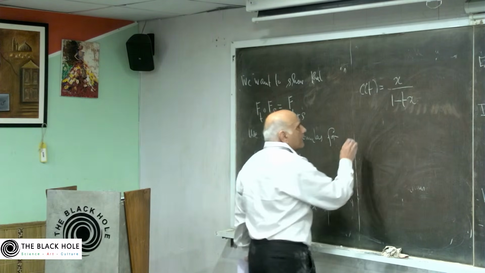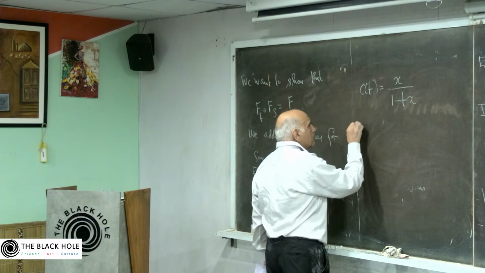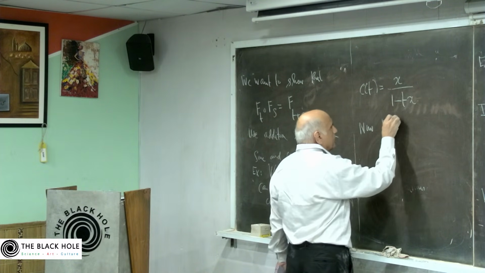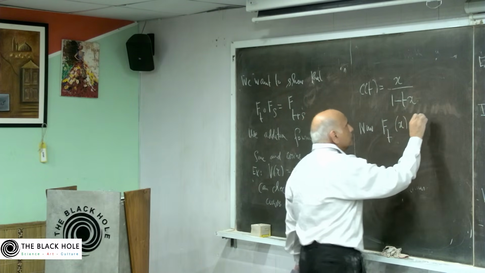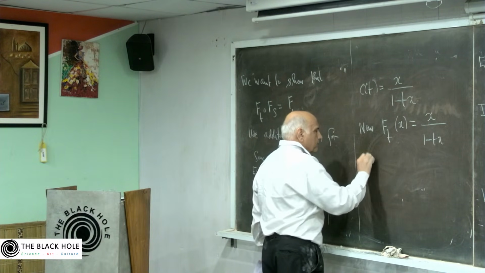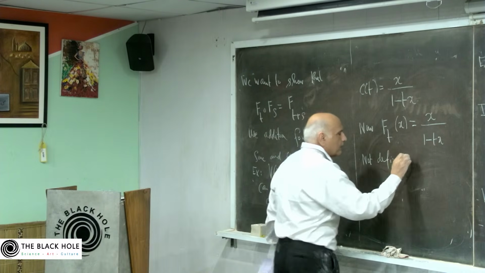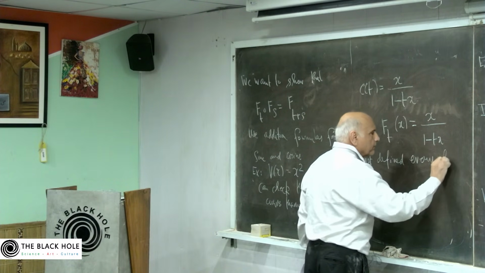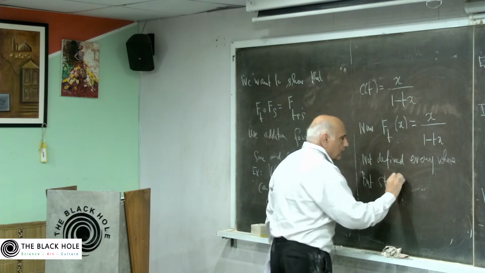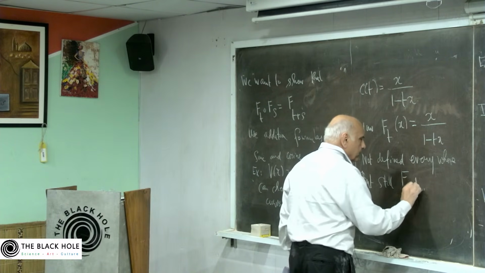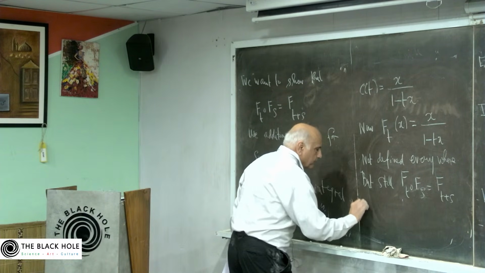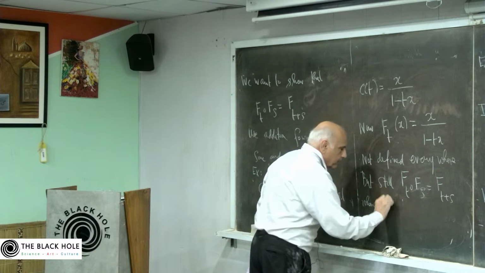Okay, and so this now, f_t of x is equal to x over 1 minus tx, not defined for all x, but still f_t composed with f_s is equal to f_(t+s) whenever t and s are small.